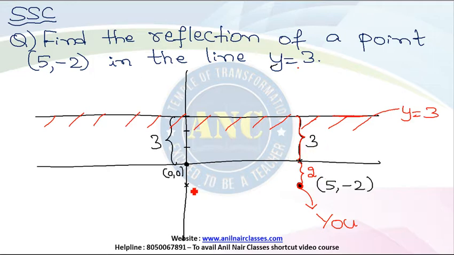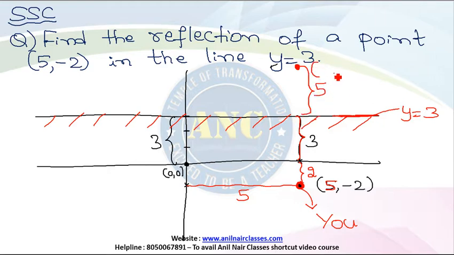That means from y = 3, if you come down 5 units, you will get that point. Similarly, from the y = 3 line, go 5 units above, you will get that point. That means this distance is also 5 units. I hope you are understanding.